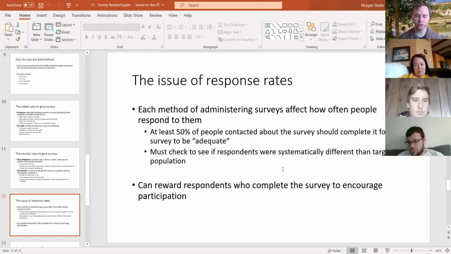Other things that universities do, the University of Cincinnati raffled off 5 iPads. The Student Affairs Office bought 5 iPads or had someone donate them or whatever. And the way that they boosted response rates was entered everyone who completed the survey into a raffle.